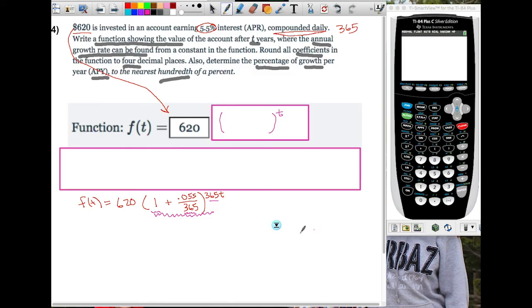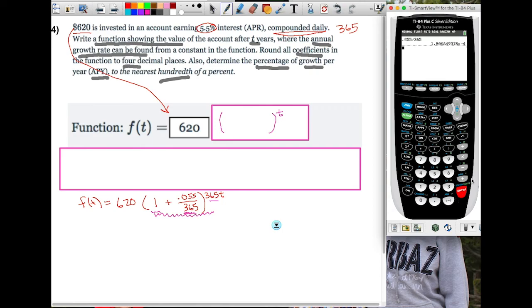So I'm going to start way on the inside, right in here. I'm going to start with that number. So 0.055. I'm going to divide that by 365. I'm going to figure out what that value is. You can see that value is irrational. Well, it's actually just so small to use the scientific notation. Okay, but I want 1 plus that number.